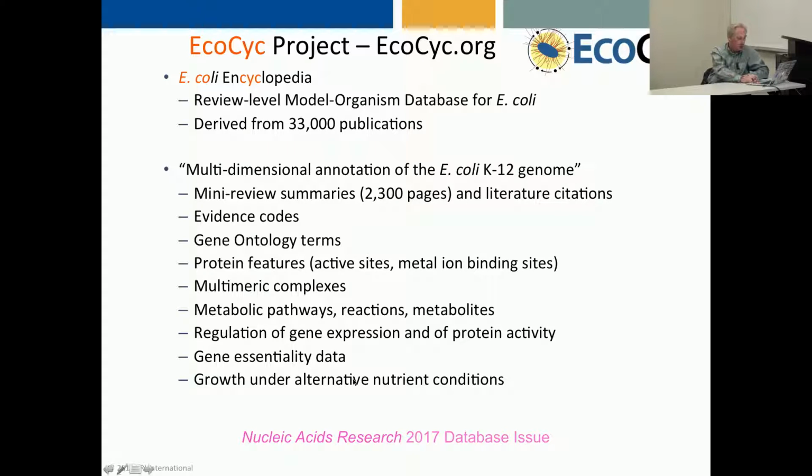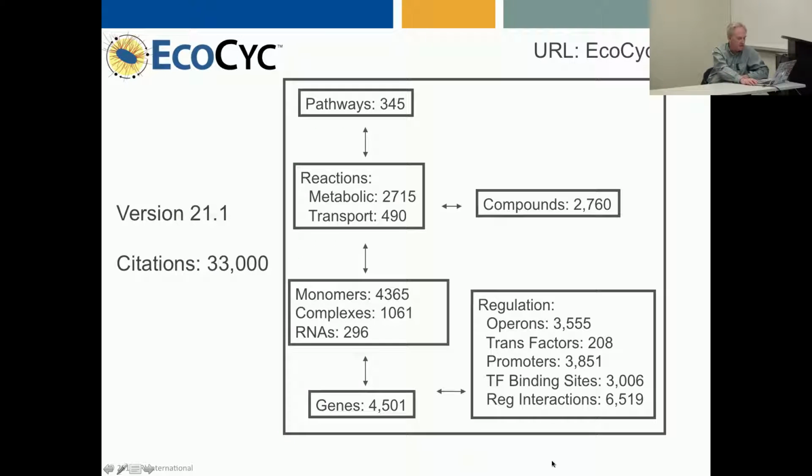And we publish an article on this database every 2 years or so in the Nucleic Acids Research Database issue. And here's a schematic of how many objects of these different types are present in the database. So there are 4,500 gene objects. So there's one gene object in the database for each different E. coli gene.